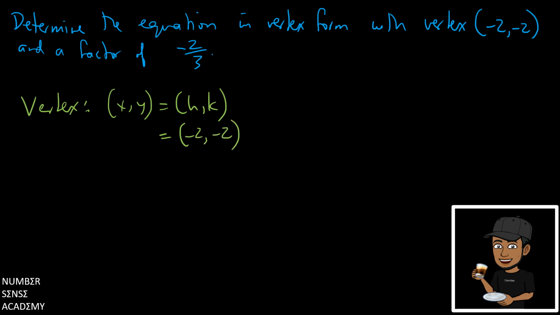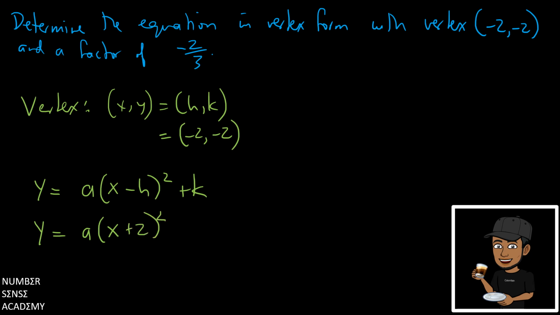So my equation right away becomes, and if I write out my equation in vertex form, I have y equals a times x minus h squared plus k. So if I sub in my values, I'm going to have y is equal to a times x, and I have -2, so we always take the negative, so it's going to be x plus 2 squared, and then k we keep as is, -2.